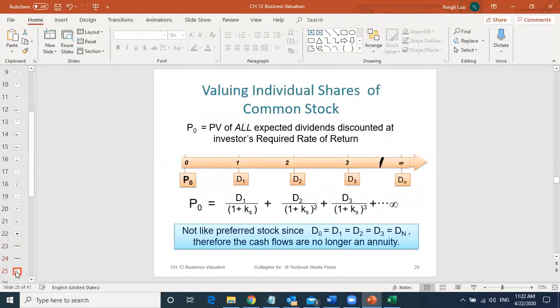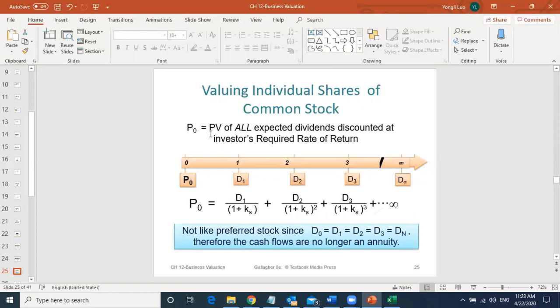Next we talk about the valuation of individual shares of common stock. For individual stock, there is one particular case: the dividend is the same forever, similar to preferred stock.